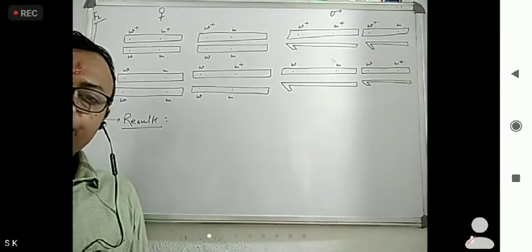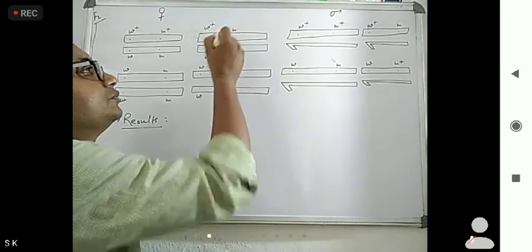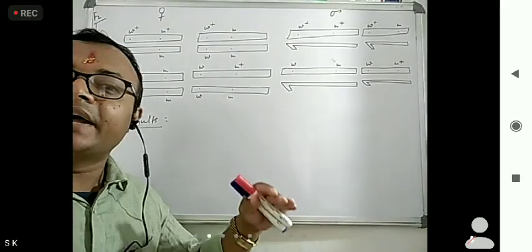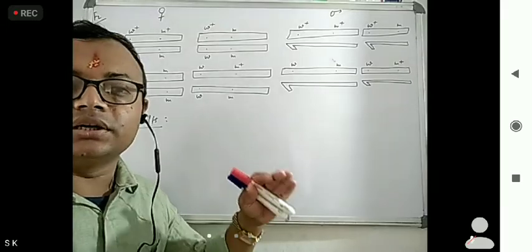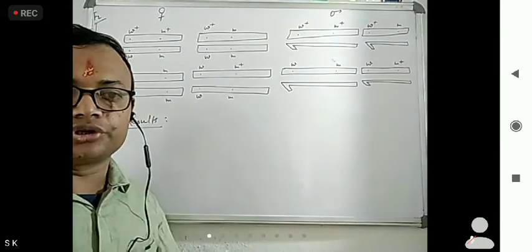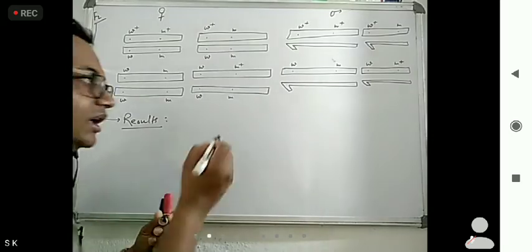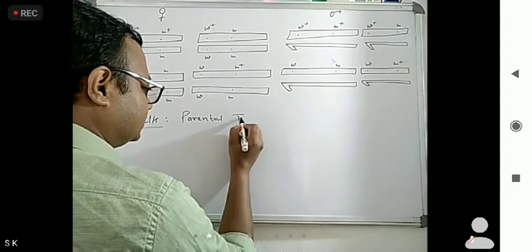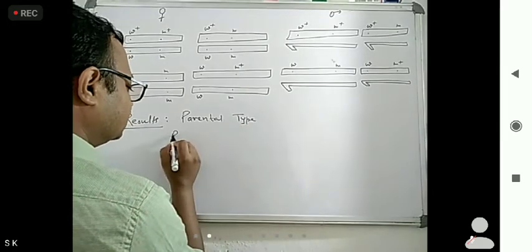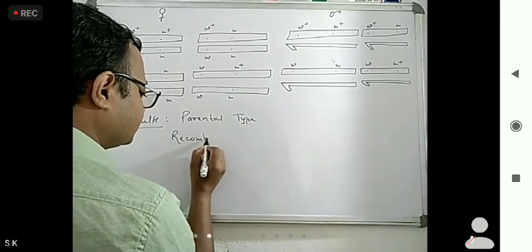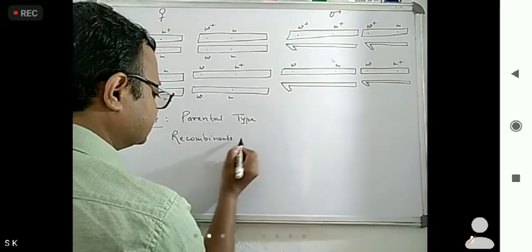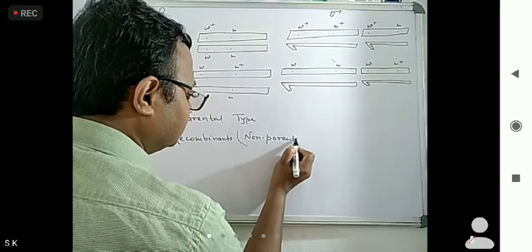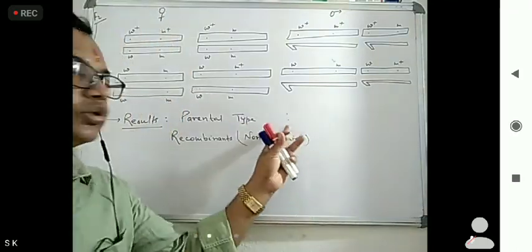Now here, as the distance between the linked genes increases, parental character percentage is reduced.